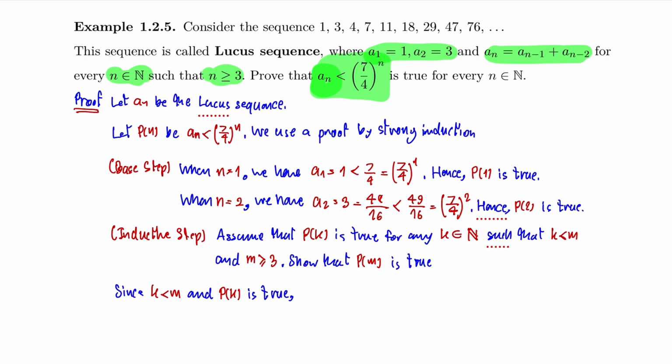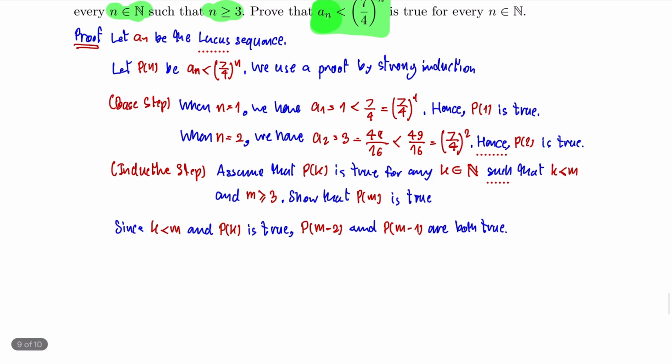So P(m-2) and P(m-1) are both true. Once we have these two statements, we're going to have a_(m-1) less than (7/4) raised to the m minus 1, and a_(m-2) less than (7/4) raised to the m minus 2.